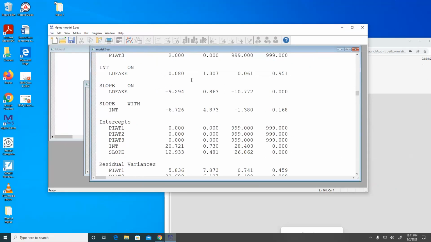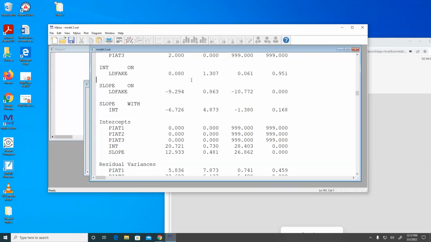If you look at this, the intercept on LD fake is 0.08, which is saying that the students with LD have scores that are 0.08 higher, because it's positive, than the students without LD in terms of the intercept, which is at age 6. But look, the p-value is 0.95. That is not statistically significantly different from 0. So basically, this model is saying students with and without LD start at the same place at age 6 in terms of their reading scores, okay?